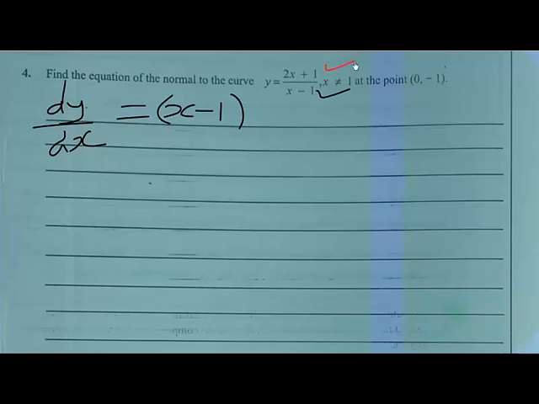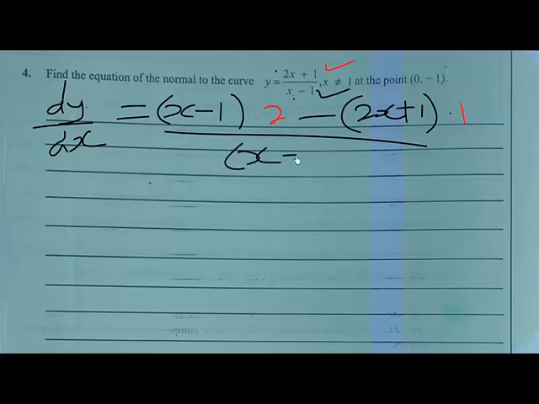Differentiating 2x plus 1 is 2. Then minus u, which is 2x plus 1, times dv dx. We differentiate x minus 1, and that will give us 1. So all over v squared. So v is x minus 1 all squared.